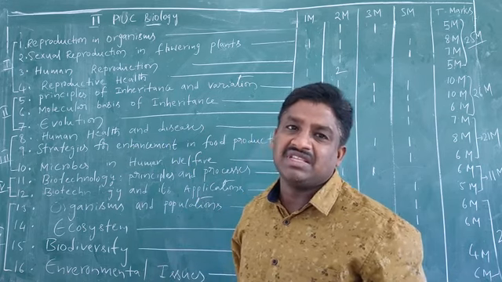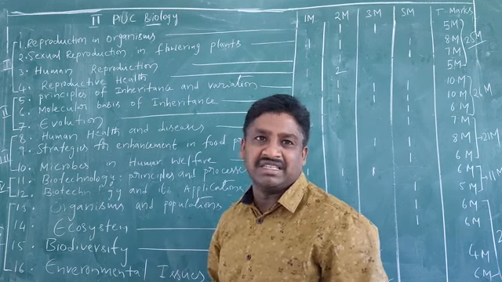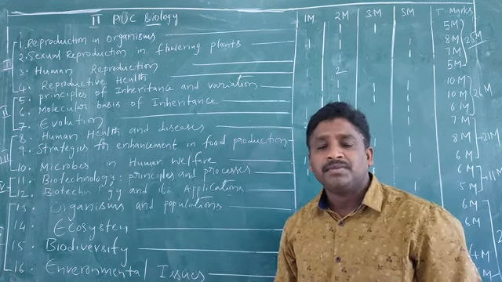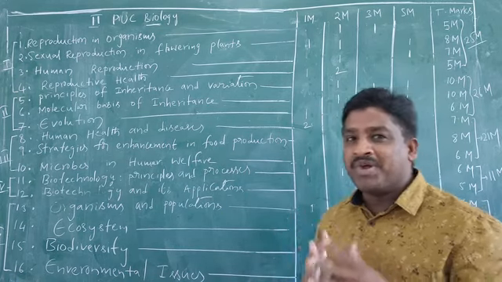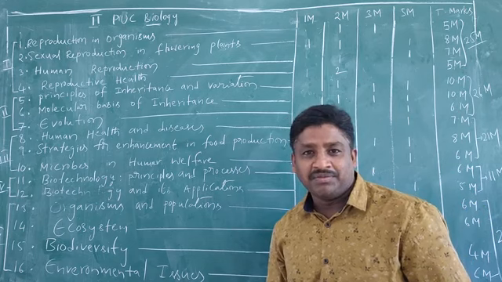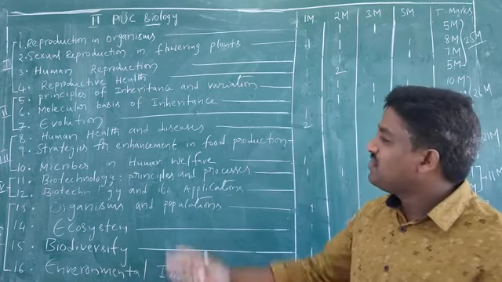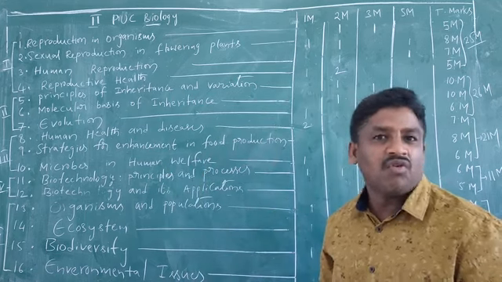And then strategies for enhancement of food production. In the strategies for enhancement of food production, there are animal breeding, plant breeding, and tissue culture steps. Everything you can see here is part of the strategies for enhancement of food production.